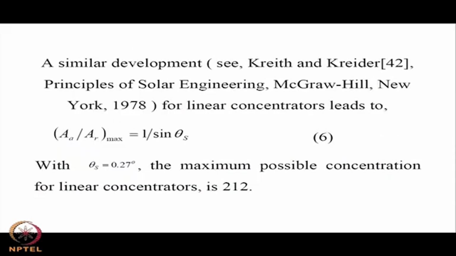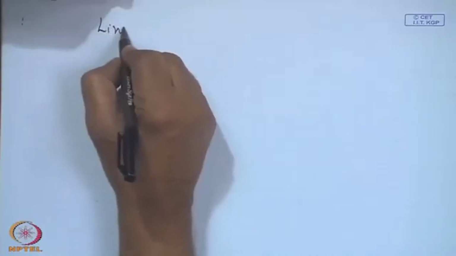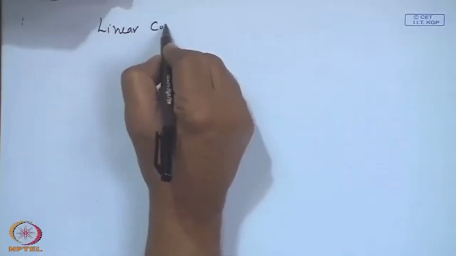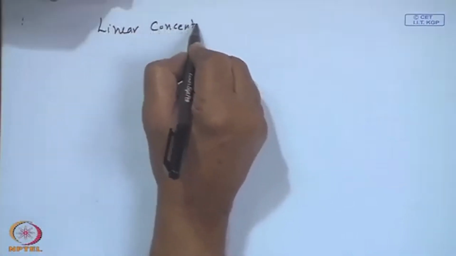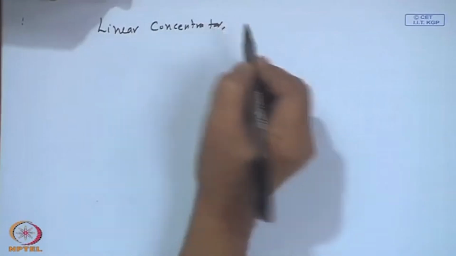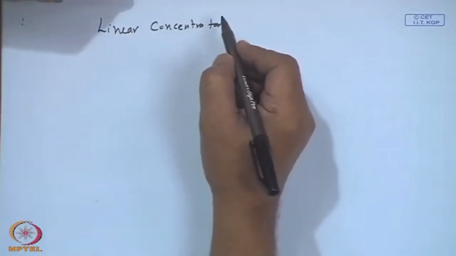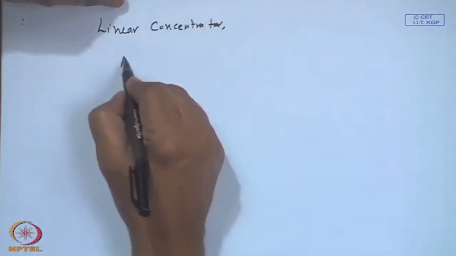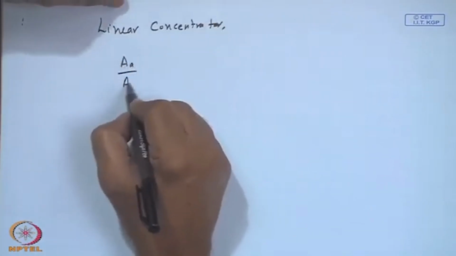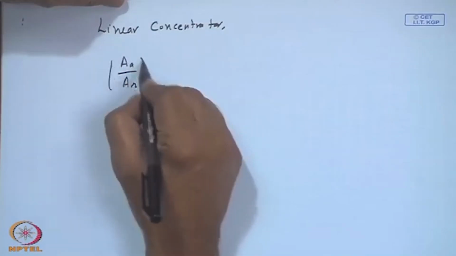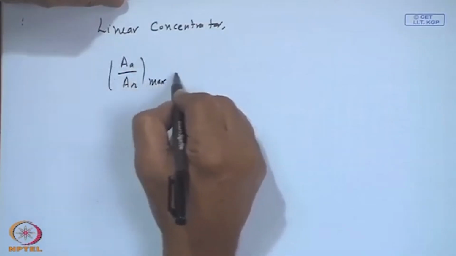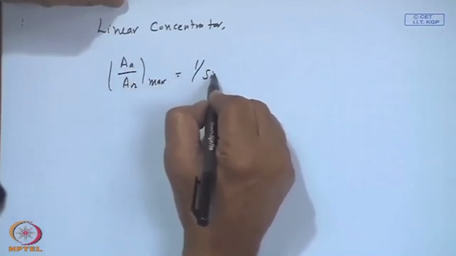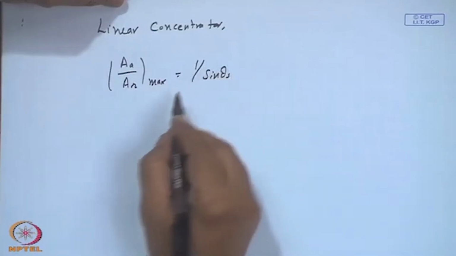If it is a linear concentrator, you can see the textbook by Kreith and Kreider, which is a very well written book. A upon A_R max will be 1 upon sin theta s.